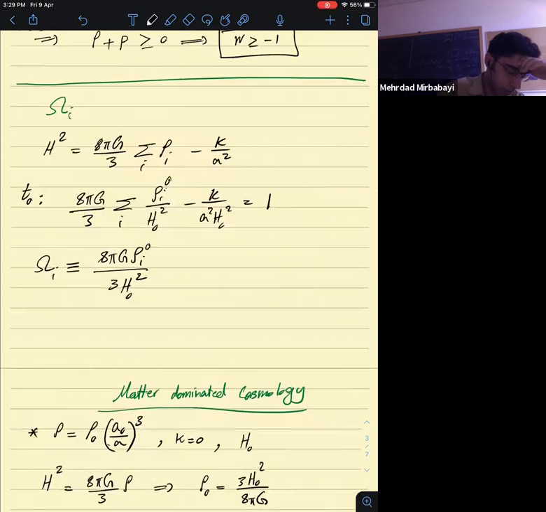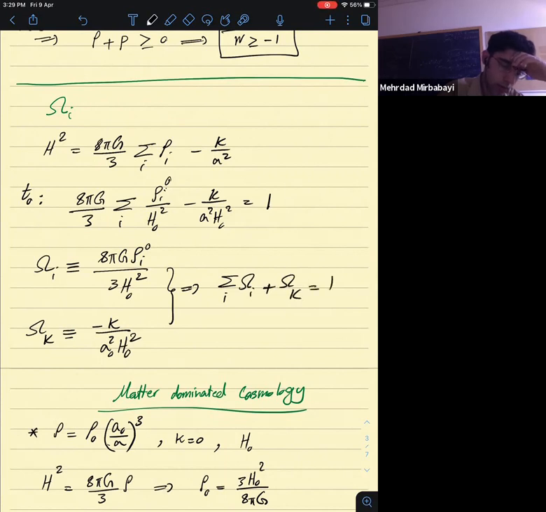We also define omega k in an analogous way, defined as k divided by a naught squared H naught squared. So with this definition, what we'll have is the sum over i of omega i plus omega k is equal to 1.